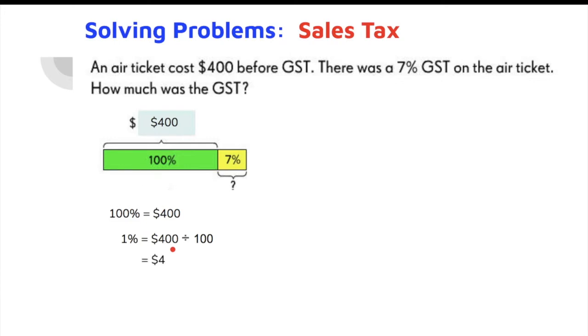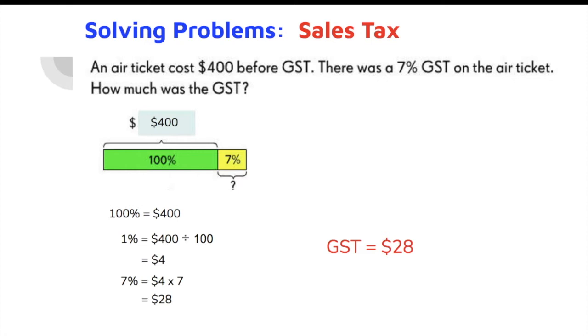And this will give us an answer of $4. And finally, to get 7% of that, which is the percentage of the GST, you just need to multiply $4 by 7. And this will give us an answer of $28. So the answer is $28 for the GST of an air ticket which costs $400.